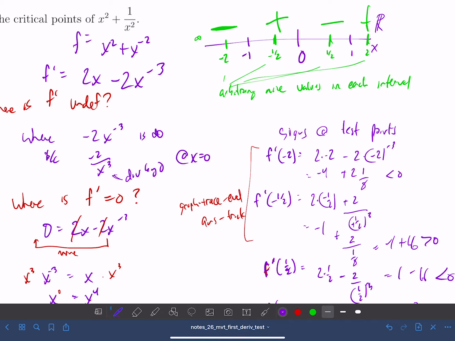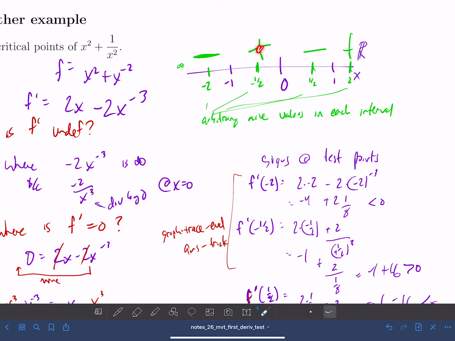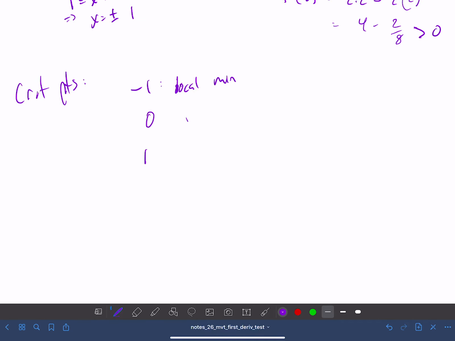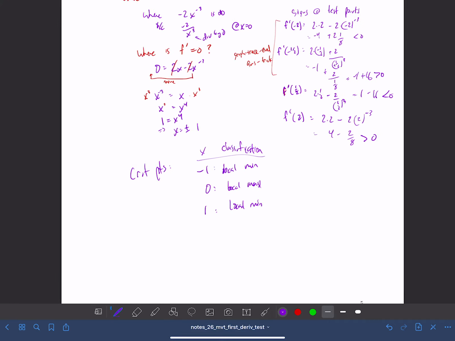What about at 0? At 0, it goes from positive to negative, so it's a max. And then the next one's going to be a min. And I think the number line makes this so easy.